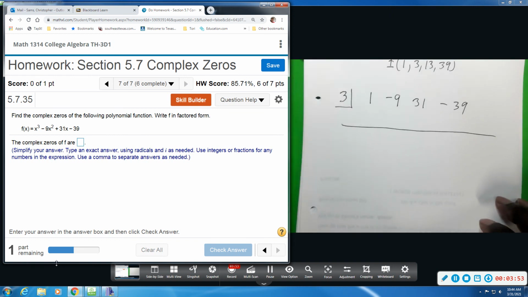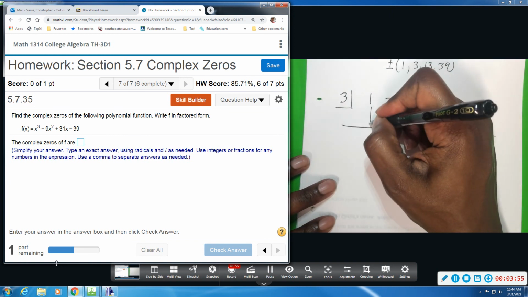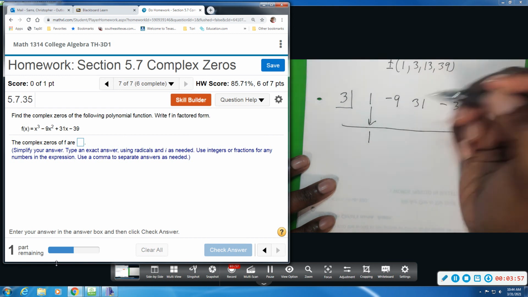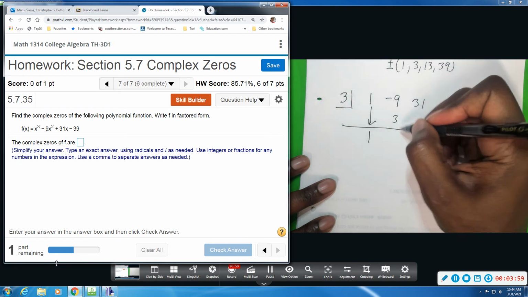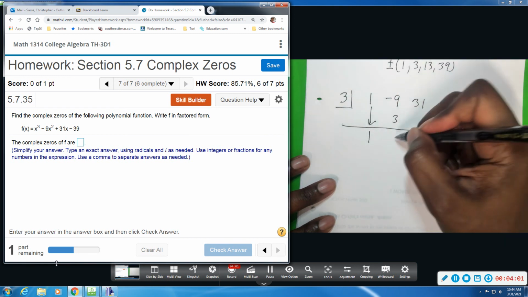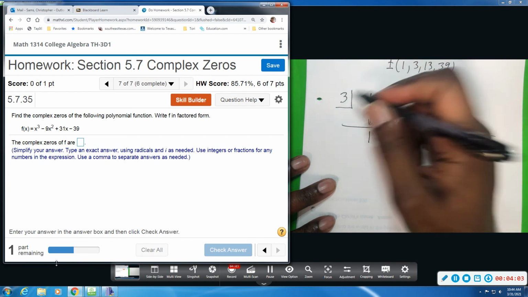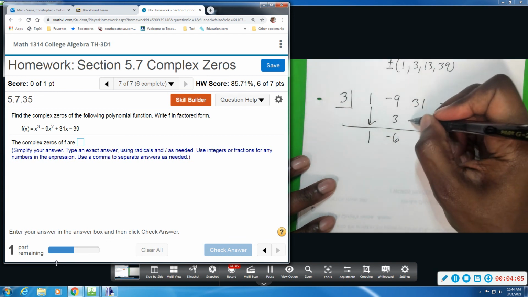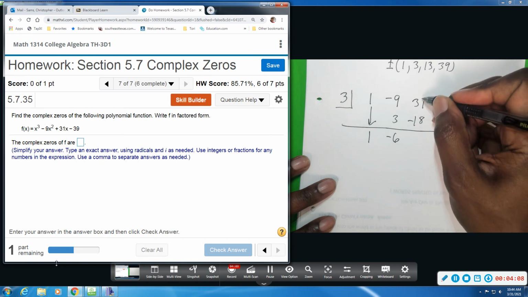Okay, so we bring the first term straight down. 3 times 1 is 3. We add and we get a negative 6. 3 times negative 6 will give us a negative 18.